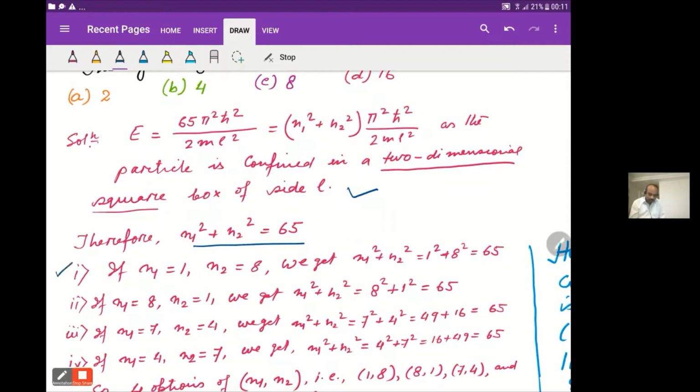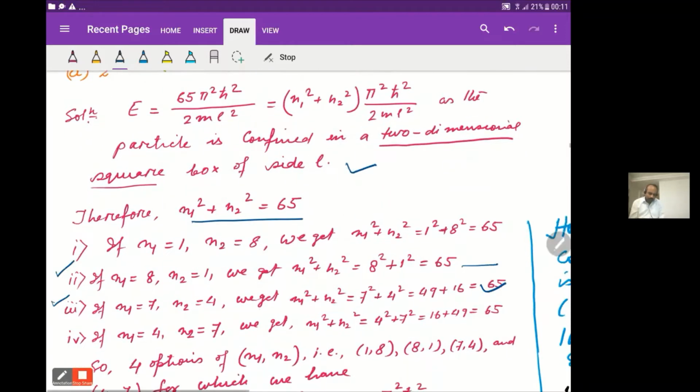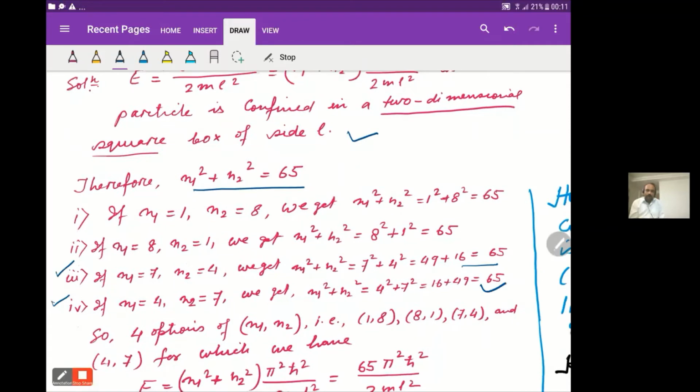See, possibility 1 is if n1 is 1 and n2 is 8, we get 65. Or if I put n1 8 and n2 1, we get 65. We can also have if n1 equal to 7 and n2 equal to 4, we get 65. And if n1 is 4 and n2 is 7, we also get 65.